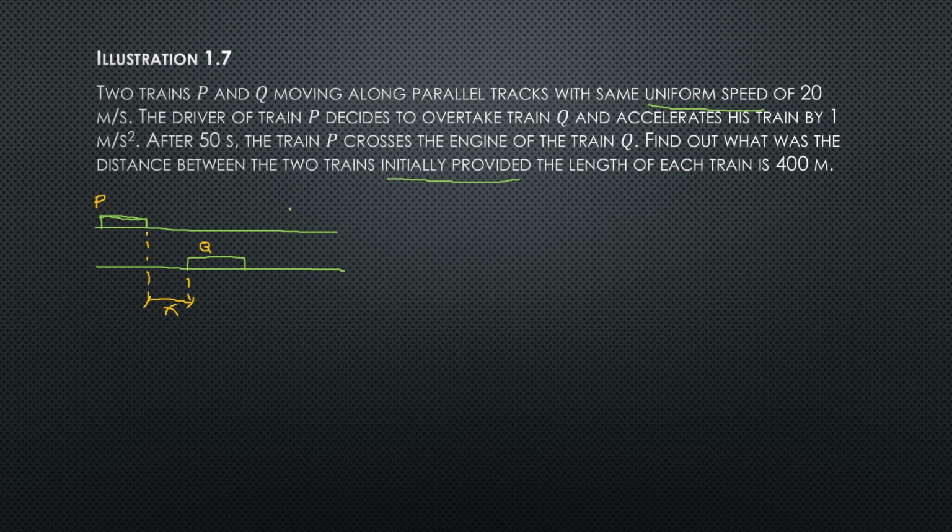Then after 50 seconds, somewhere here, it overtakes the engine of train Q. So what was the distance between the two trains initially? This is the distance between them, which I denoted as x.